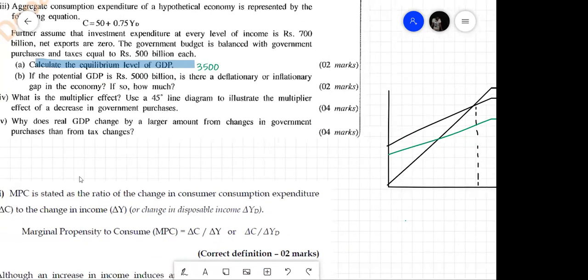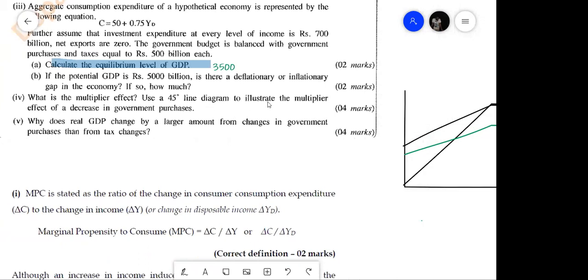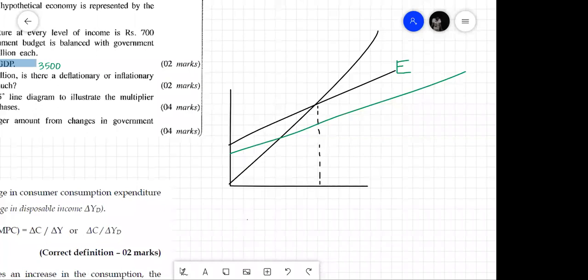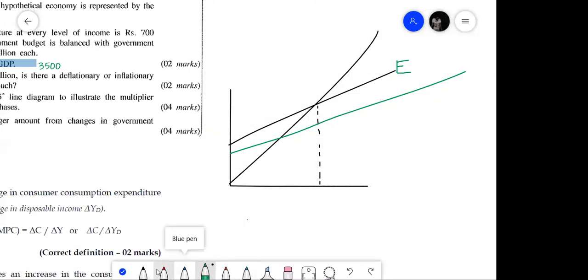They're asking to show the multiplier effect, right? So use a 45-degree line to illustrate the multiplier effect of a decrease in government purchase. So you need to say when government purchase decreased, now you have a new expenditure function. Government purchase would have fallen only by this level. Let's say 200 became 100.